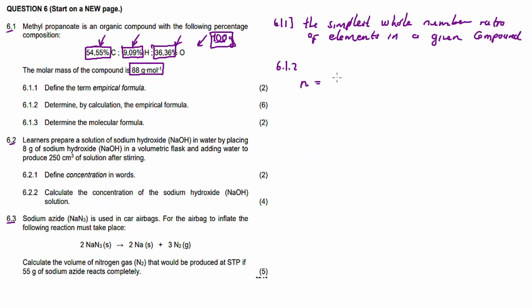So what do we do first? We need the number of moles for each element: mass over molar mass.